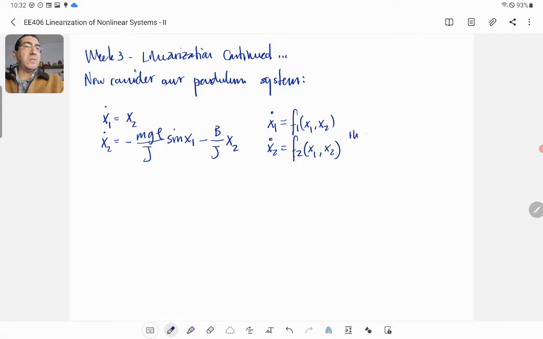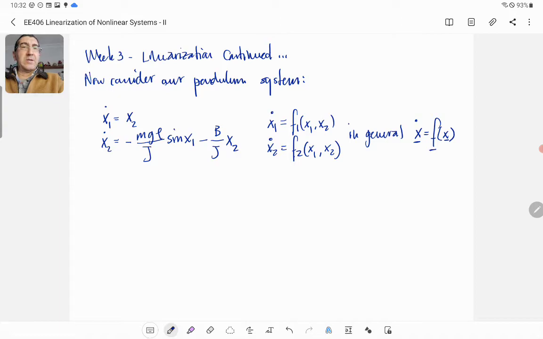In general, x as a vector dot is equal to f as a vector of the state as a vector. If it's an autonomous system, we don't have any input. If it's a non-autonomous or forced system, we will also have input terms in these equations, right?